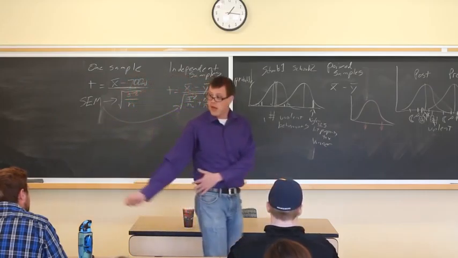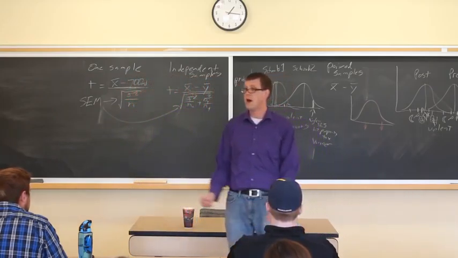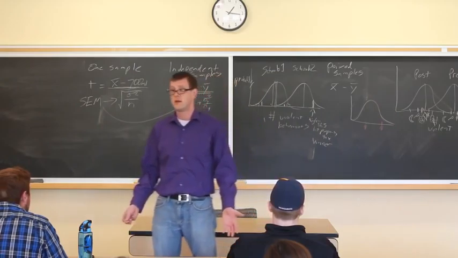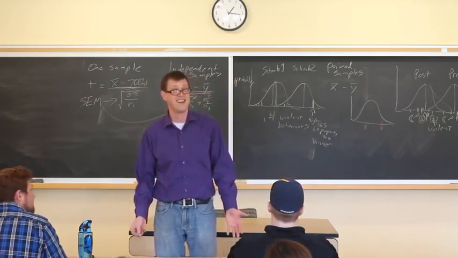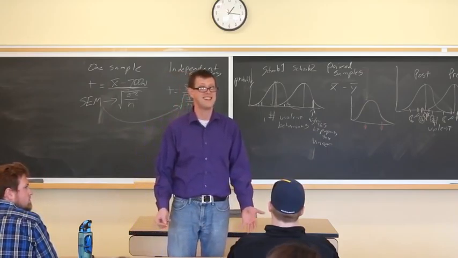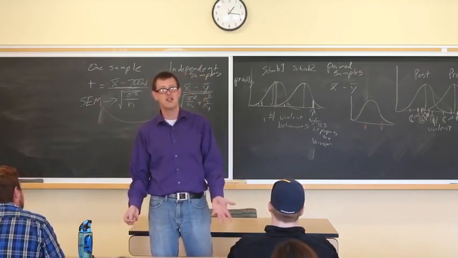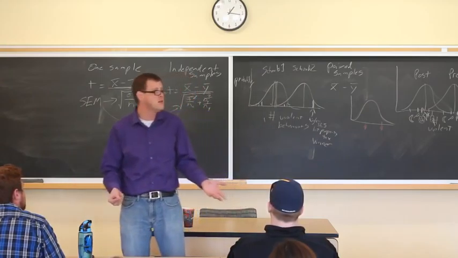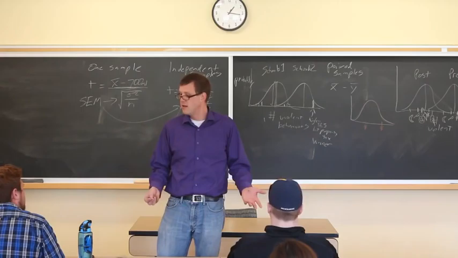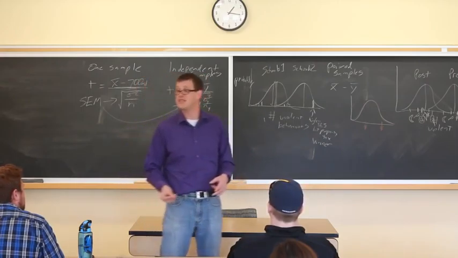Some go up, some go down, but on average, there are more that go up, there are more that go down. The ups balance out the downs. The test wasn't that effective. Our manipulation wasn't that effective.